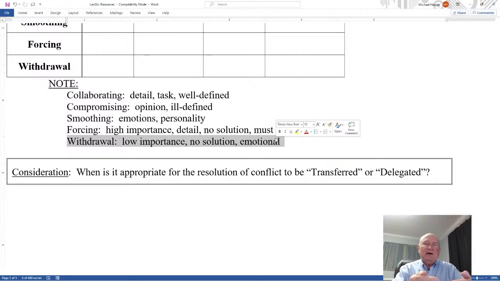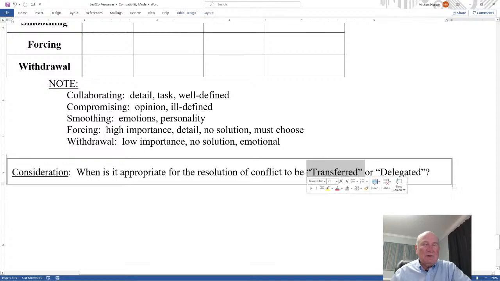You guys work this out, lock them in a room, work it out, and in two hours you're coming out and we're going to start working on this project, and you're going to work together. So you figure out what you need to do to come together and work. That's delegation. Transferring is when you're not responsible. You send it off to another third party, let them deal with it. It's no longer part of your responsibility. When is it appropriate to do those things?